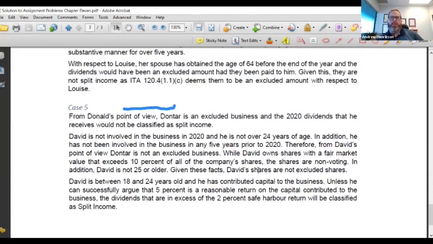I think the wording of this answer might be a little bit throwing people off. It says, in addition, he has not been involved in the business in any of the 5 years prior to 2020. That's not exactly the way they worded that solution. Yeah, that's a little off the way they worded that. But let me go back to how the actual rules are kind of worded here.